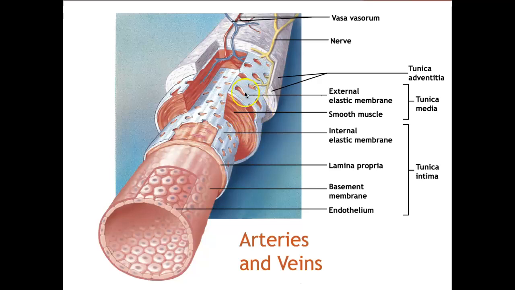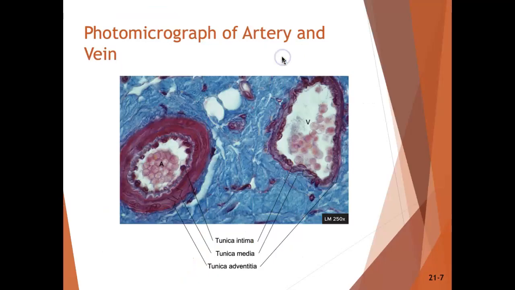We've got more elastic fibers here in the external elastic membrane. This kind of creates a sandwich for our tunica media. And then lastly, we are going to have our tunica adventitia or externa, which is going to be made up of connective tissue. And here's a photomicrograph of what an artery looks like in comparison to a vein. So you could see that the arterial wall is much thicker than our vein here.